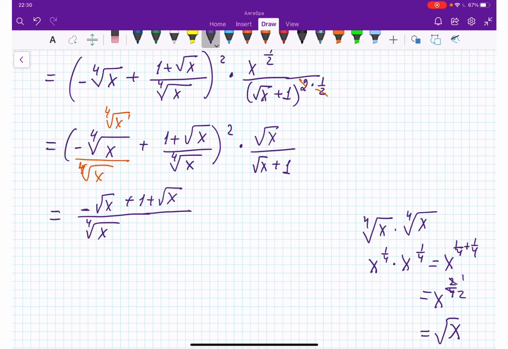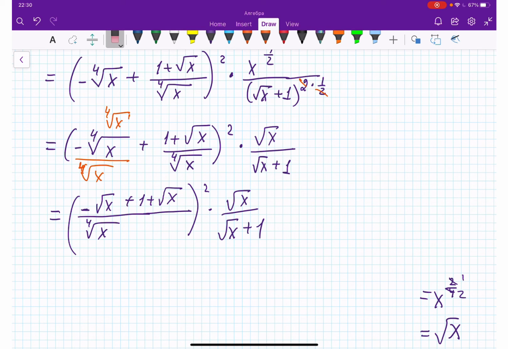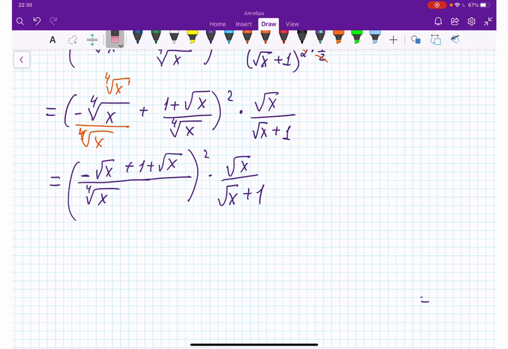And all this is going to go to power 2, and times square root of x and square root of x plus 1. No changes there. All right, getting close to the end. And what do we have here?